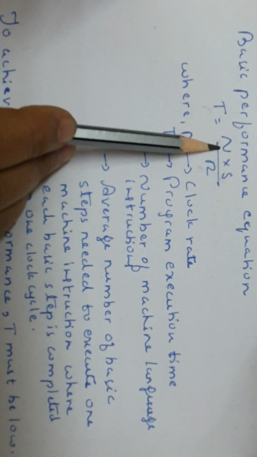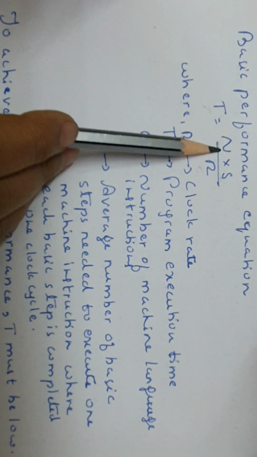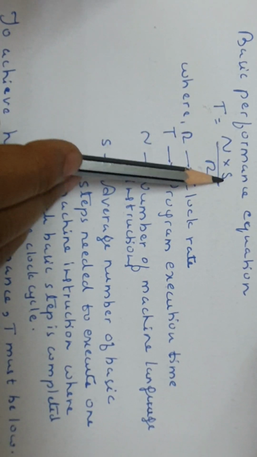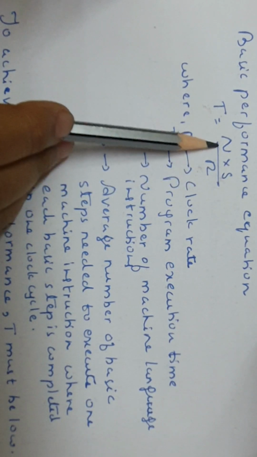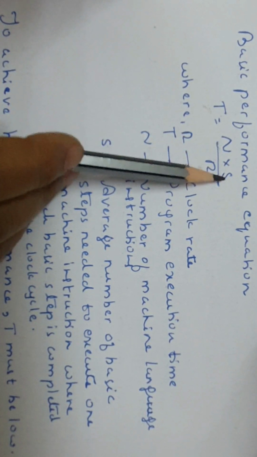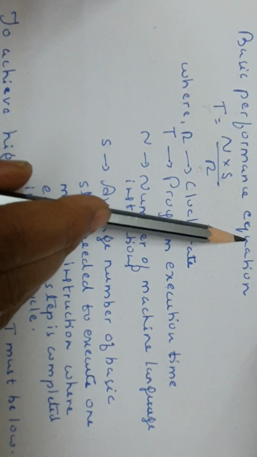But if you want to do the task with fewer instructions, it means writing more complex instructions. But in one instruction, the number of basic steps involved will be more. Hence, judiciously we have to think what is the best combination of N and S values so as to get the optimized value of execution time. That is the basic performance equation.